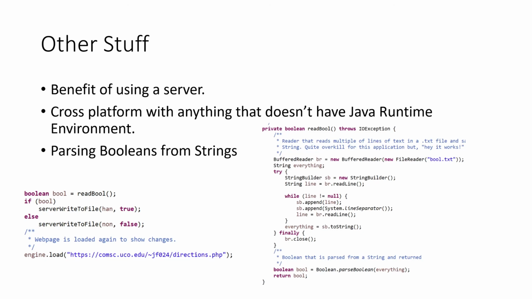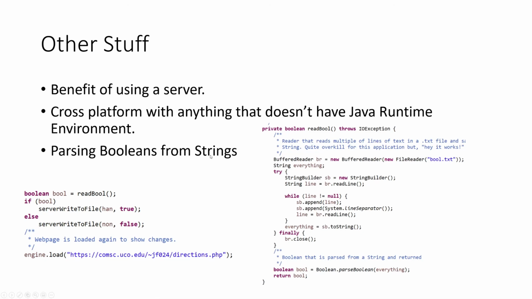And just piggybacking off one of Blake's videos, we're parsing booleans. This is cool. We need a boolean value that's stuck inside of an event handler, and if you have to change anything inside of an event handler, you pretty much can't. It has to be final or a constant. So how we get around this is we write true or false to a file.